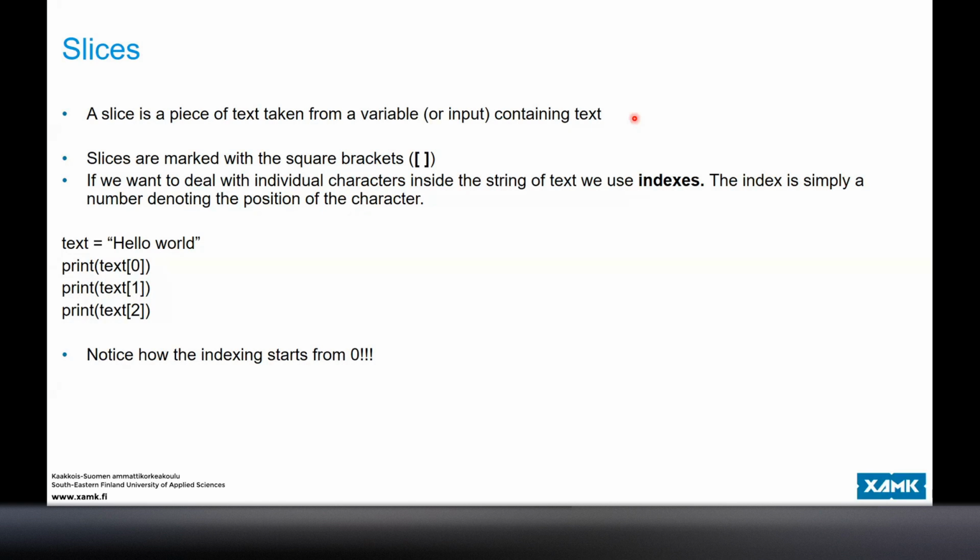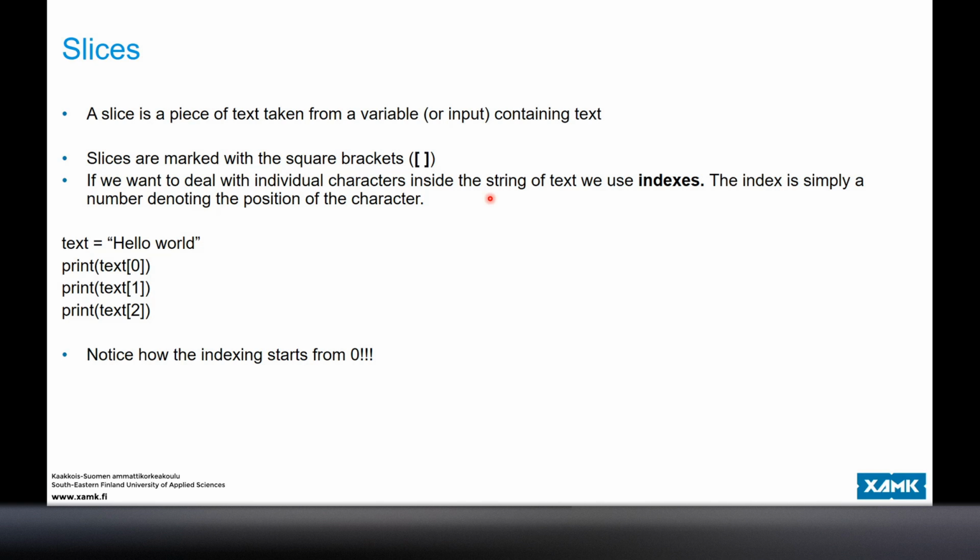So that's when in Python we use a term that's called a slice. So a slice is a piece of text. You might imagine we have a big pie and we're taking a slice of it. So a piece of text taken from a variable or input that contains text. And slices are marked with the square brackets.